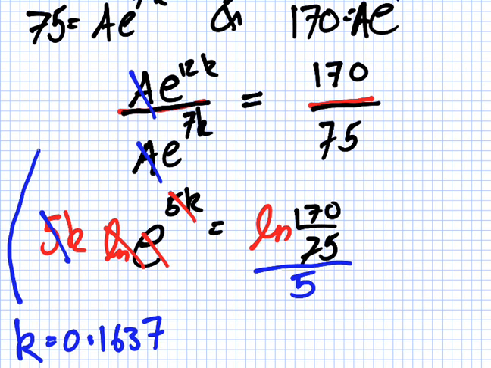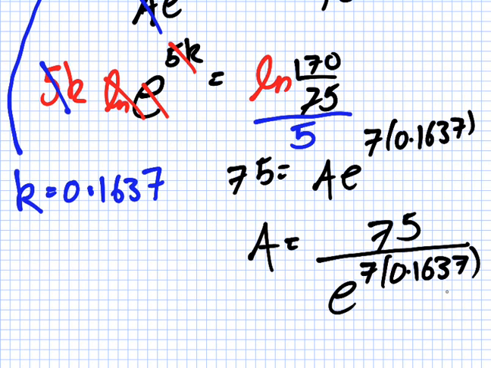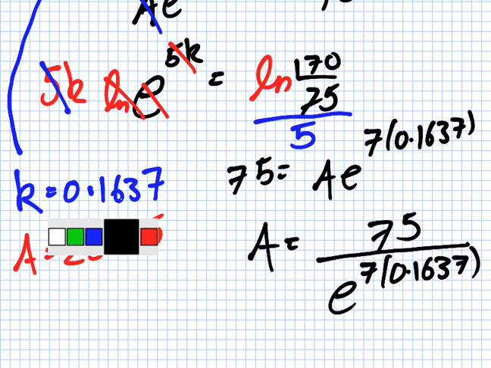We can put that k back into, say, this equation to get us the A, because now we know that 75 = Ae^(7k). So A will equal 75 over e to the power of 7 times 0.1637, and I end up getting A equals 23.85. So we have the A and k.